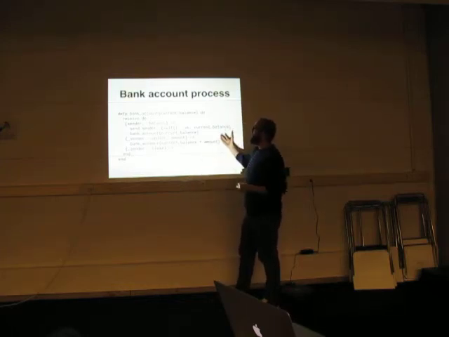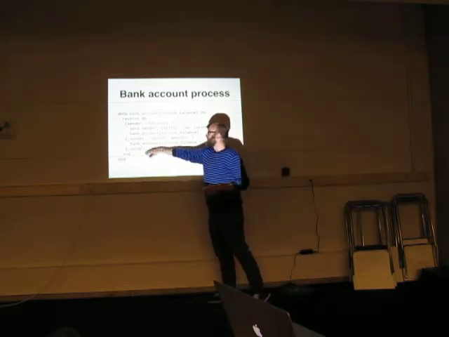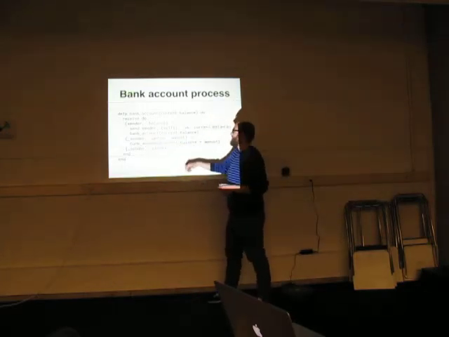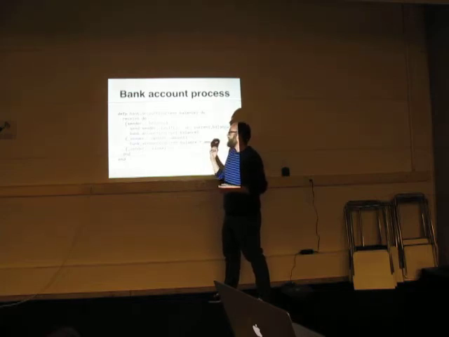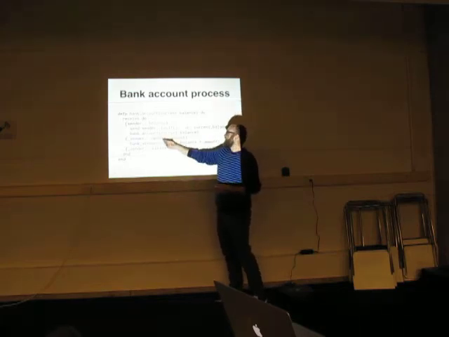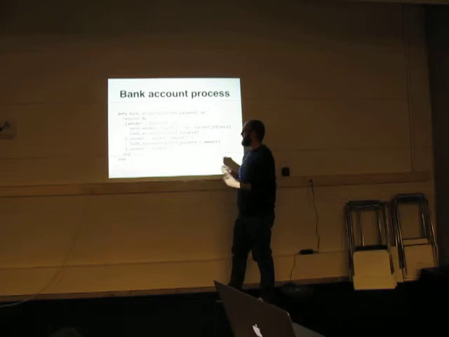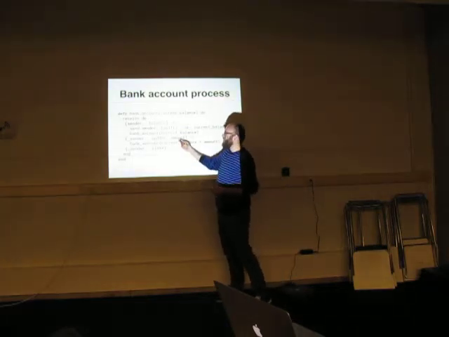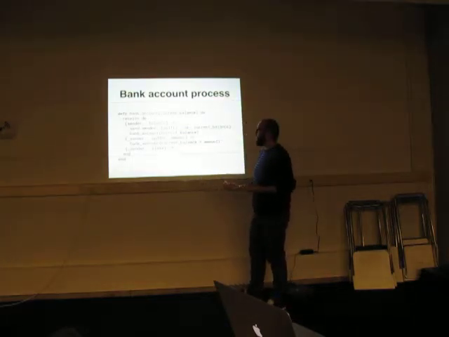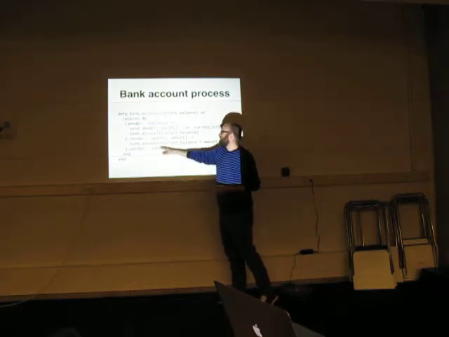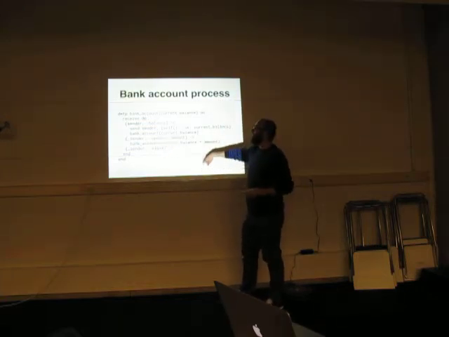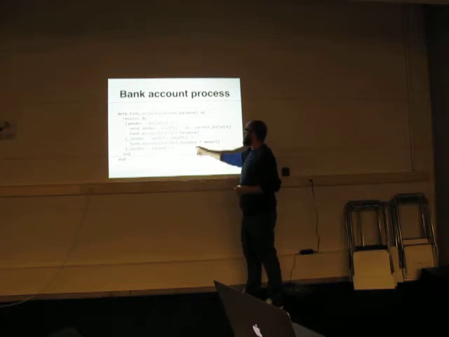What if you want to update the balance of the account? We'll send a message from the sender, which in this case we're not really interested in because there will be no reply, a symbol to identify the type of message, update, and the amount we have to add to the bank account. So what we do here is simply restart the process recursively with the updated state.